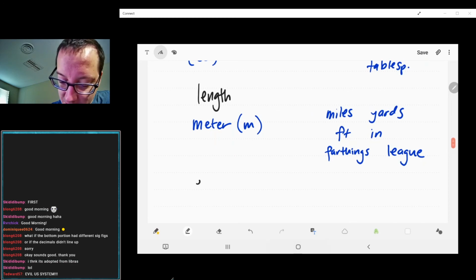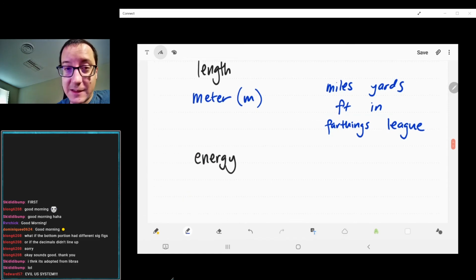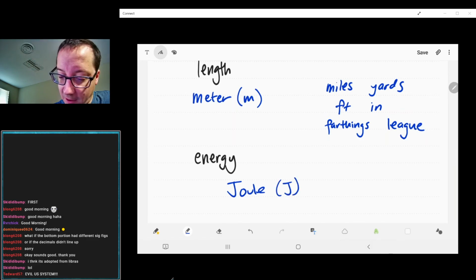Let's see, what other units do we have? How about energy? For metric, we actually use the same units, thankfully, for energy. We have joules, sorry, the actual unit is not capitalized, even though it's some guy's name.